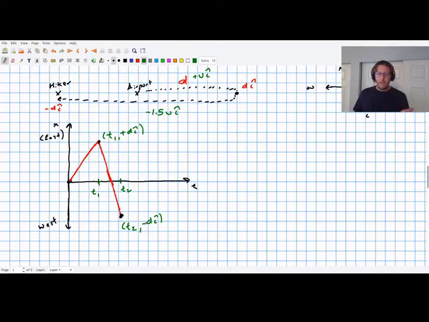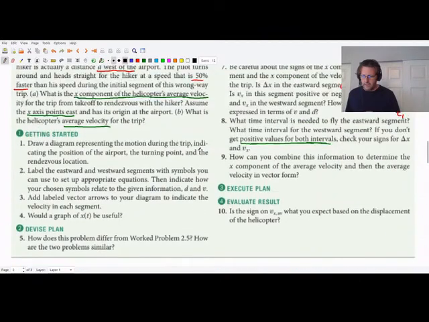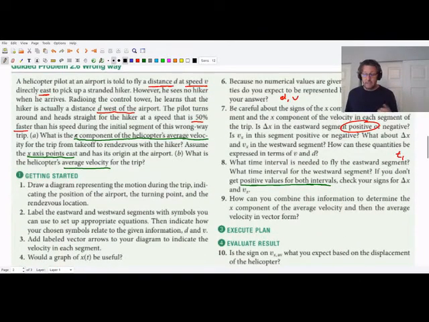I think what I want is to figure out something about how much time it takes to get the whole trip. If I'm thinking about the ultimate question, which is what is the x component of the helicopter's average velocity, and what's the helicopter's average velocity? So average velocity.